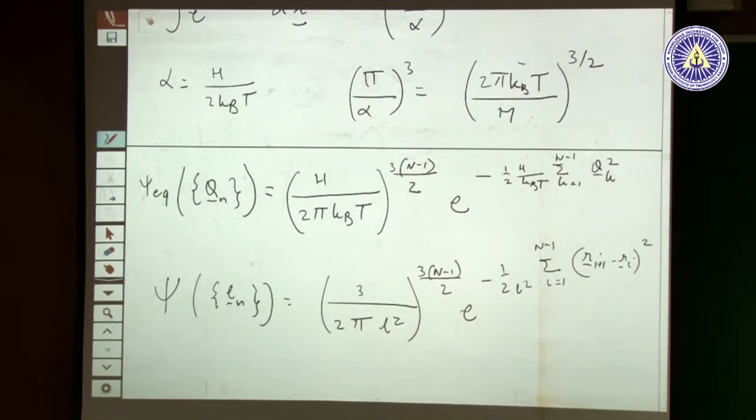Okay. This r_{i+1} minus r_i is exactly the qk's, right? They are the bead connector vectors.